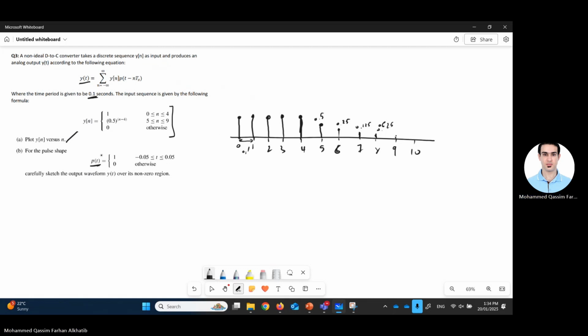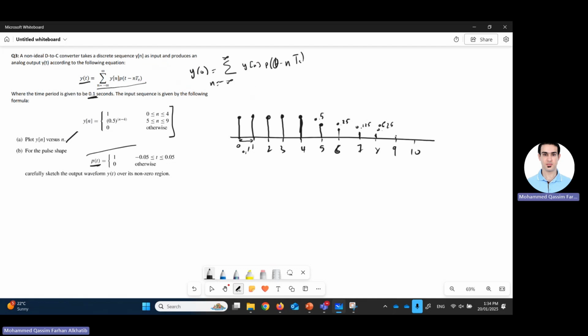Now if I want to do the convolution, because this looks like a convolution, or we can simply say y of 0 equals the summation from n equals negative infinity to infinity of y of n, p of t minus n Ts, and t is 0 here, right? Y of 0. Or basically this one looks like a convolution.